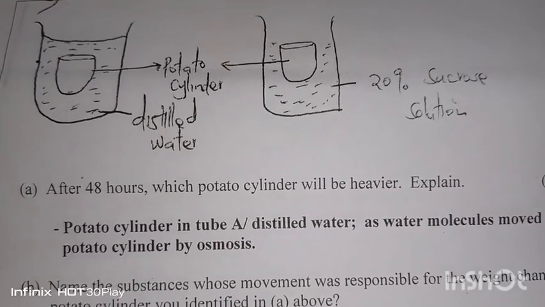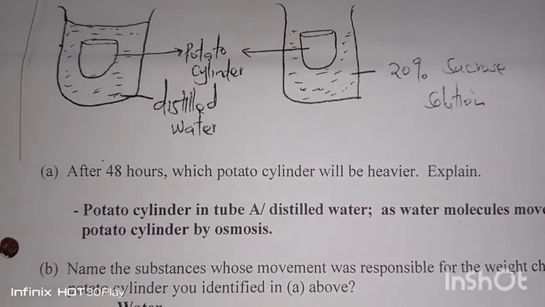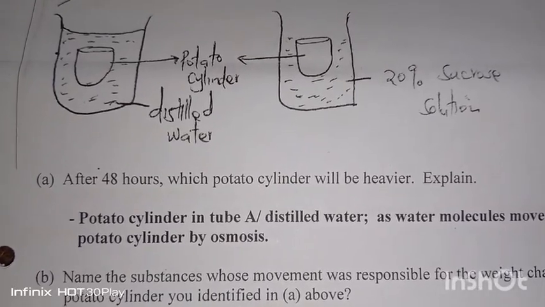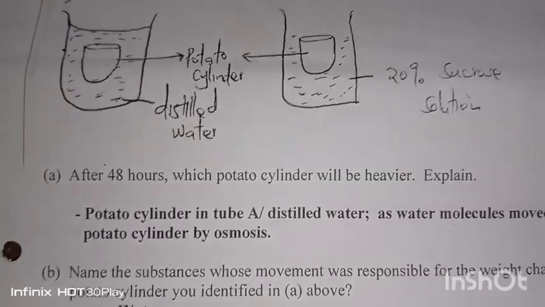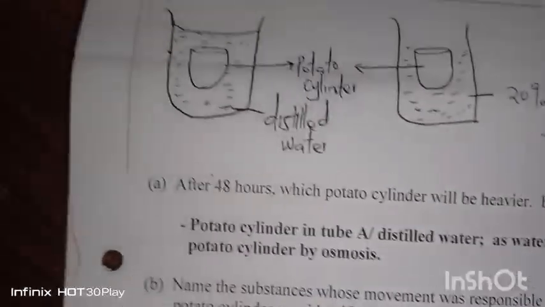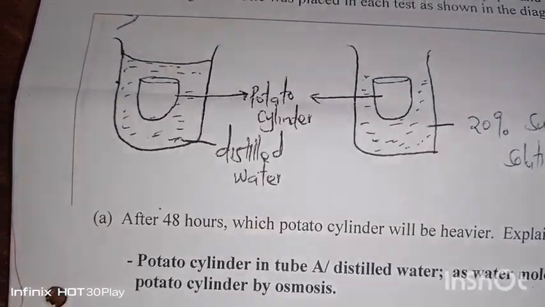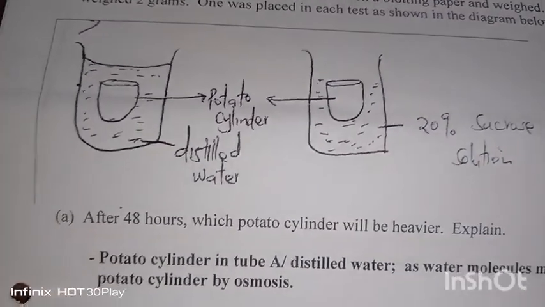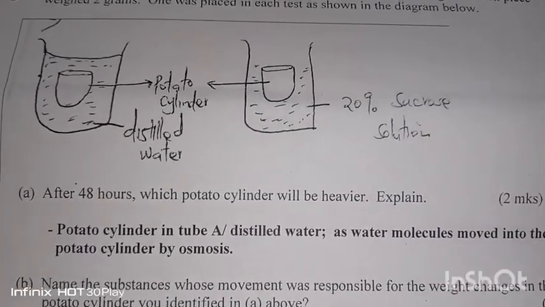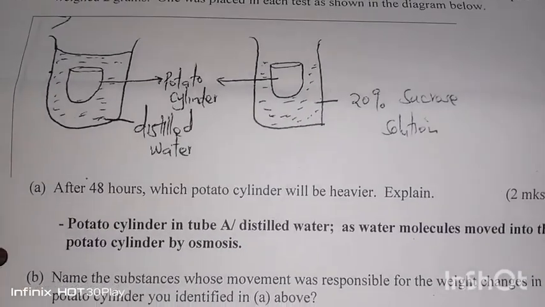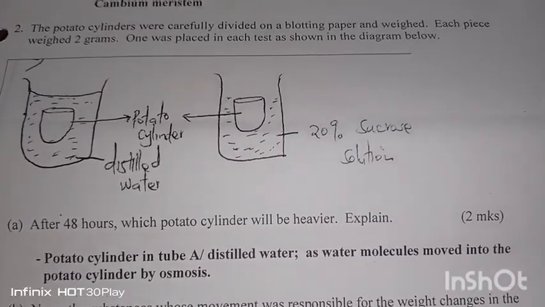Then the potato cylinder that is immersed in 20% sucrose solution will lose water by osmosis because this potato cylinder will act as a region of high water potential. Then the surrounding sugar solution will act as a region of low water potential. And with that, it will lose water and become smaller in size.